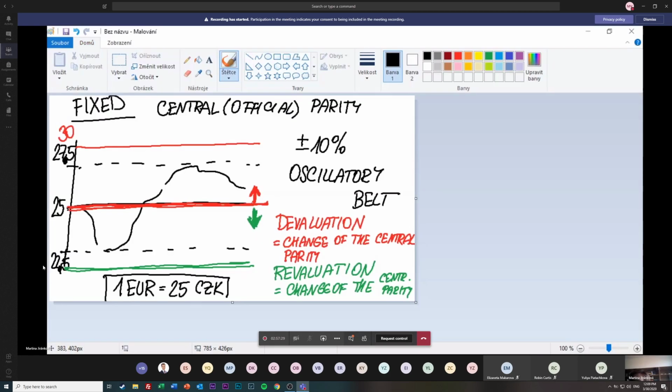Fixed exchange rate means that according to some formula, me as a central bank, I have set this central parity. I have declared it, and I must now hold the exchange rate within the oscillatory belt if I have this oscillatory belt.